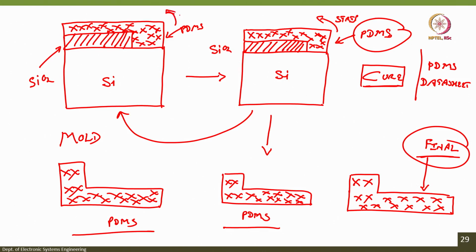If I strip PDMS from this mold after curing it, what will I have? I will have my mold back. That means every time we are patterning PDMS, right, but we are not using the UV light, we are not using the photoresist, we are not doing soft bake, we are not doing hard bake, we are not using mask, alignment, nothing.